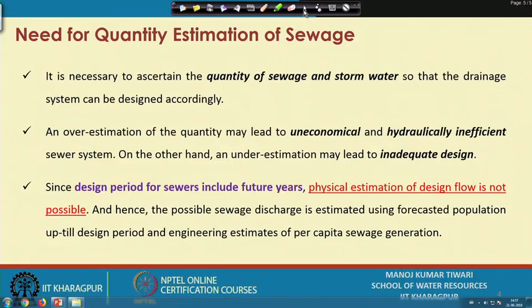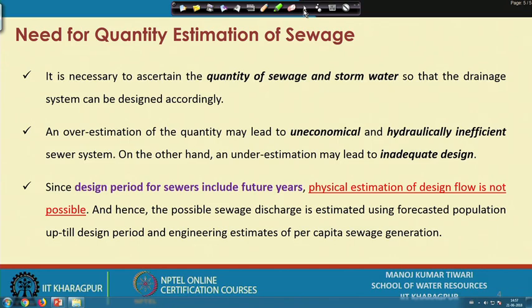So, that is why sewerage systems are designed for a futuristic population, and since future years are involved, physical estimation of the design flow is not possible. We cannot precisely estimate for any place what the population is going to be in 2040 or 2050.